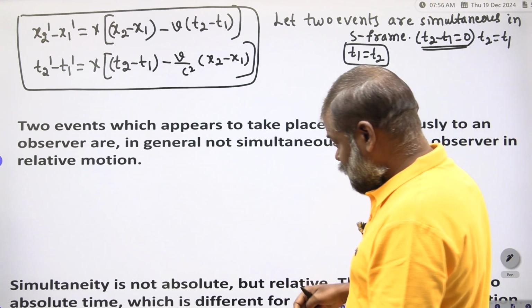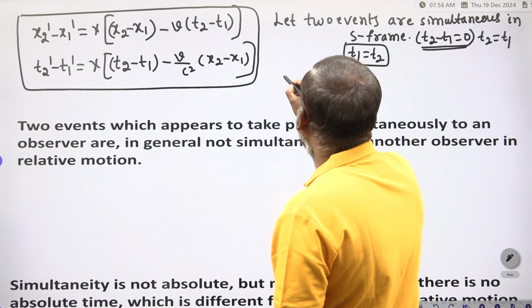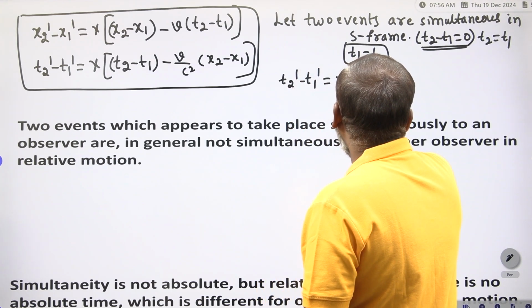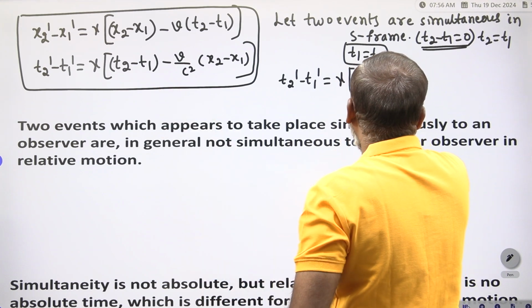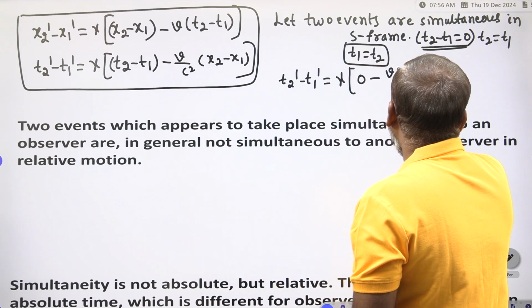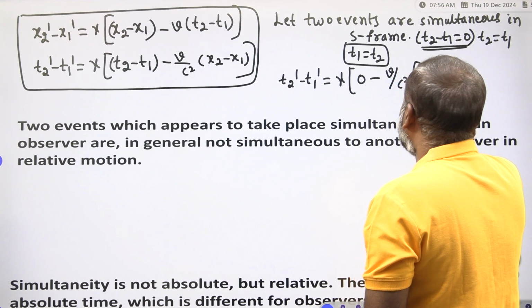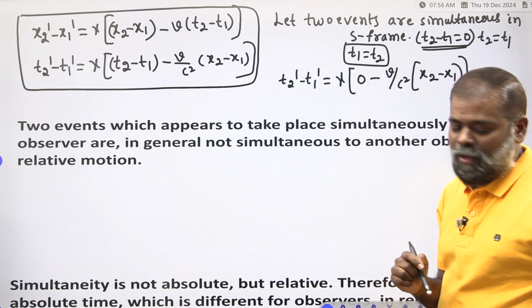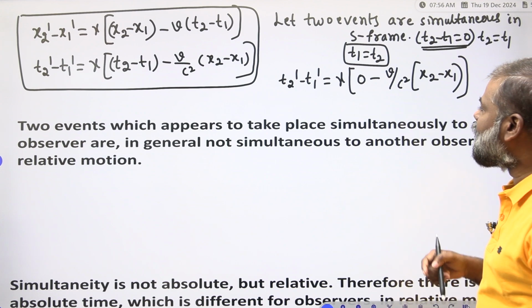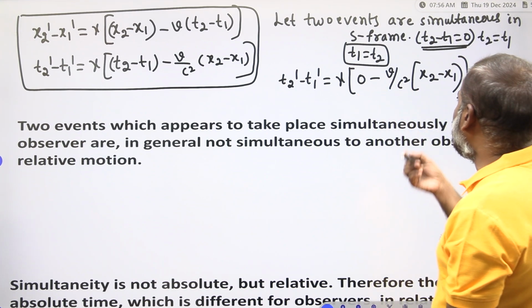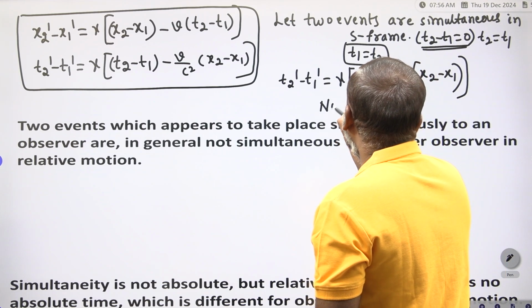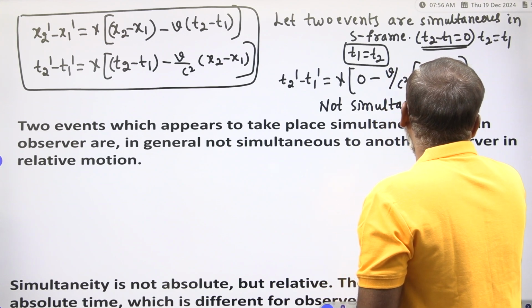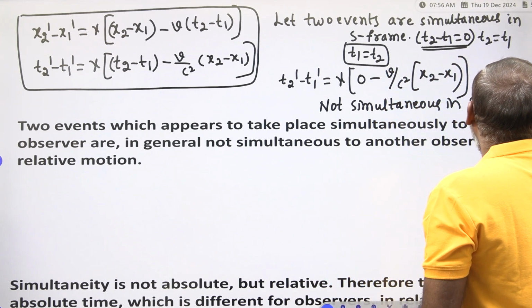But observe in the S dash frame: t2 dash minus t1 dash is equal to gamma into (t2 minus t1, which is 0, minus v by c square into (x2 minus x1)). Therefore, in another frame they are not simultaneous, in the S dash frame.